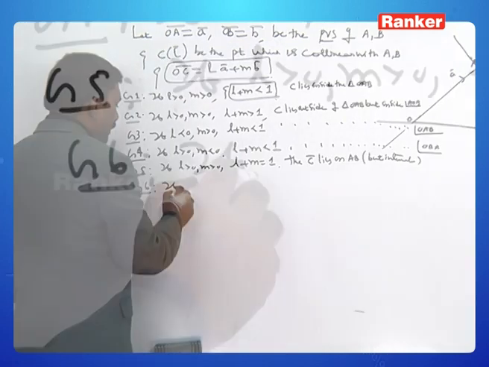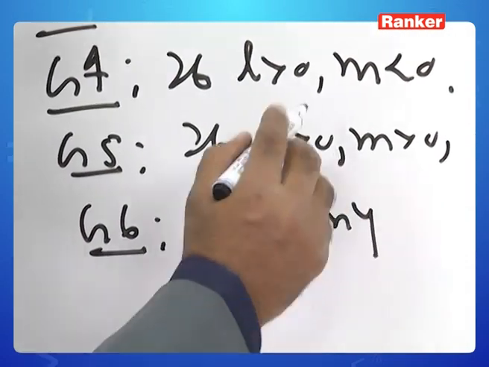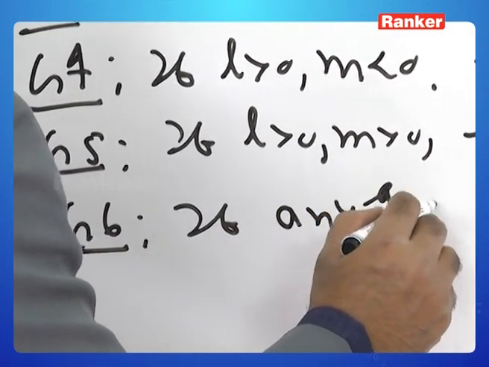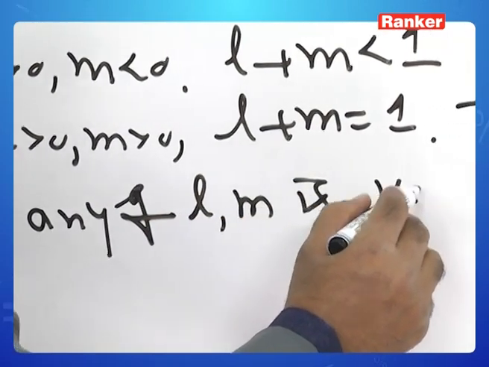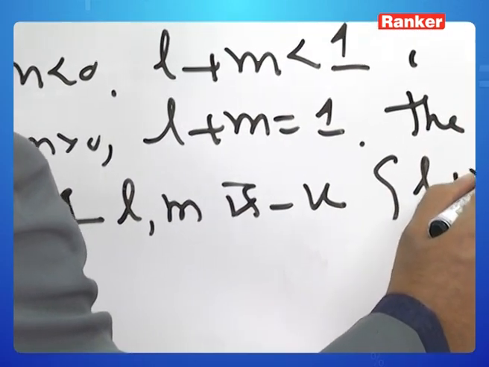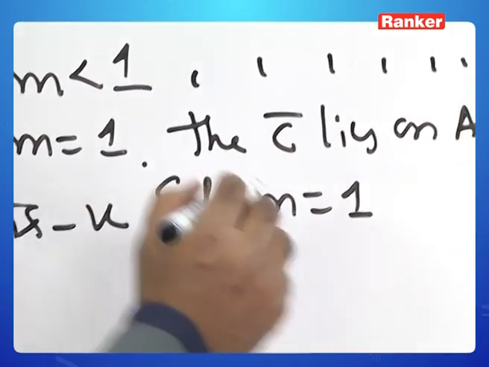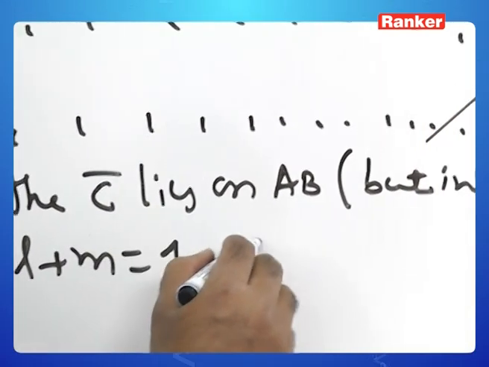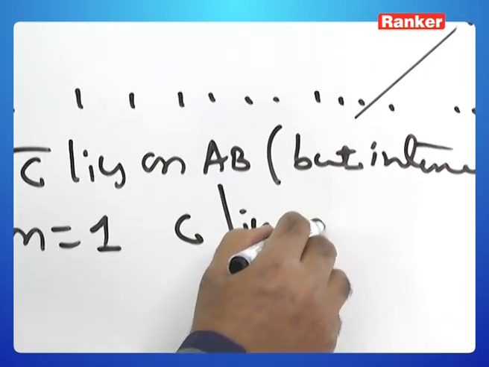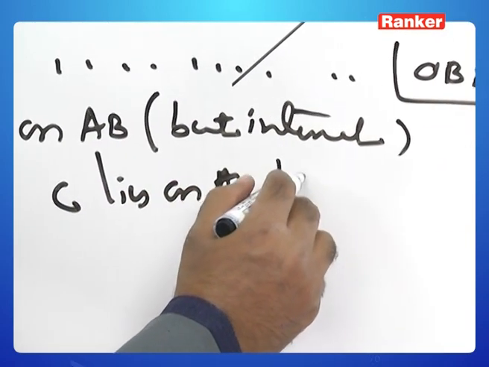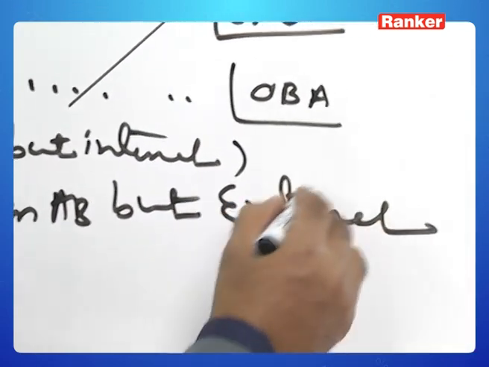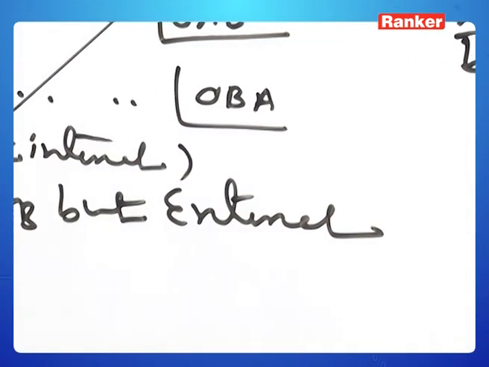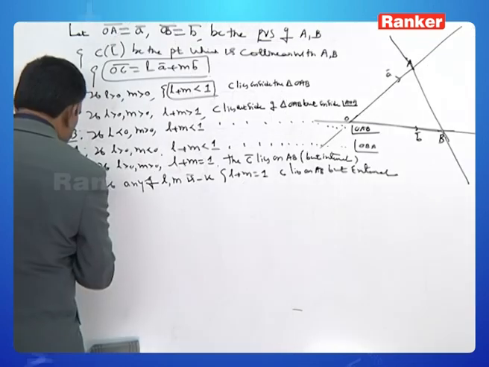Now case 6. If anyone of L comma M is negative and L plus M is equal to 1, then C lies on AB, but external. Case 7.